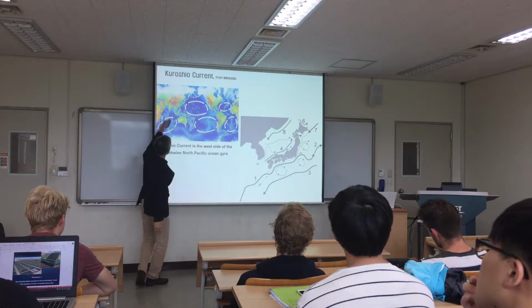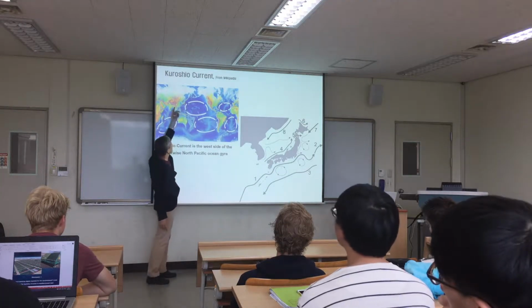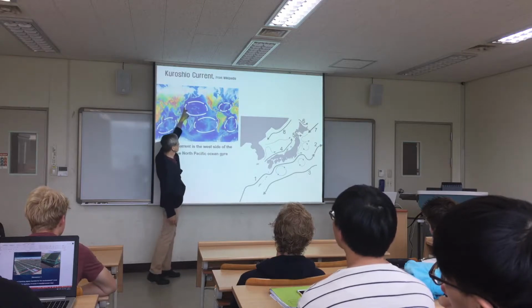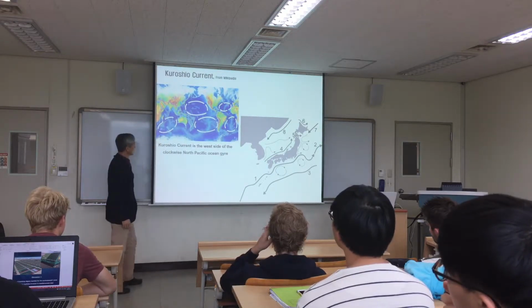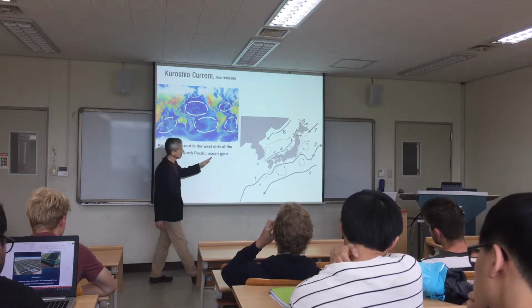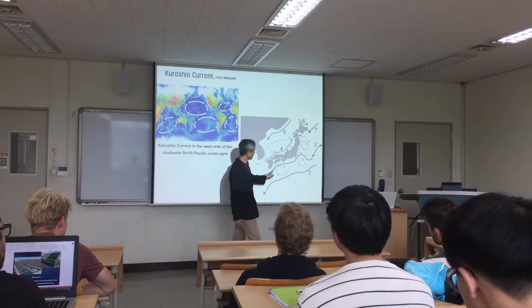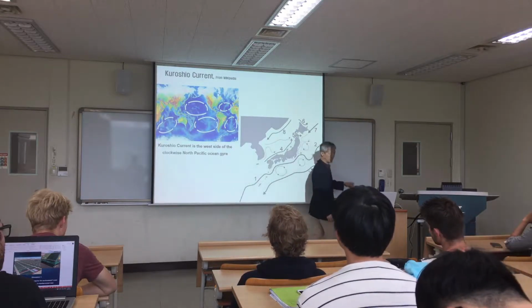Okay, you see that there is a Korean peninsula and Japan is here. So Kuroshio current is this portion of it. So the side of the clockwise North Pacific Ocean, and also this one once again. So this is the mainstream.